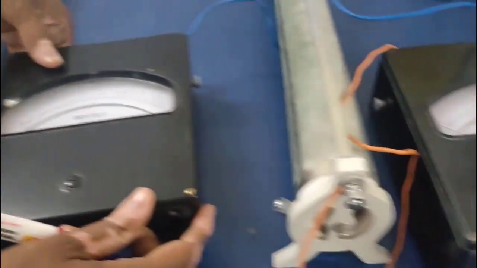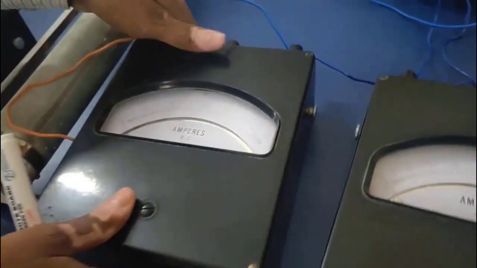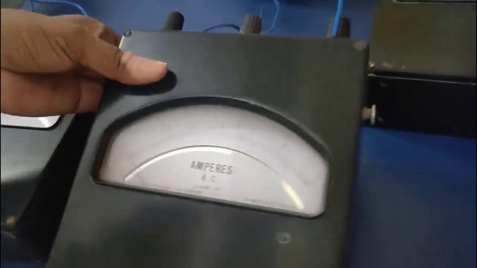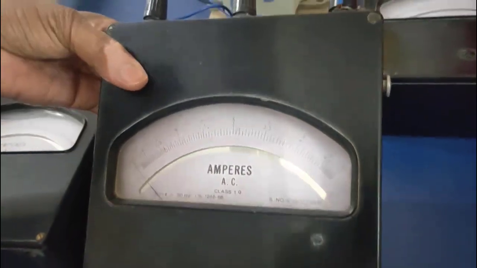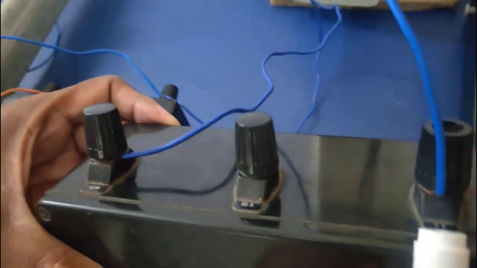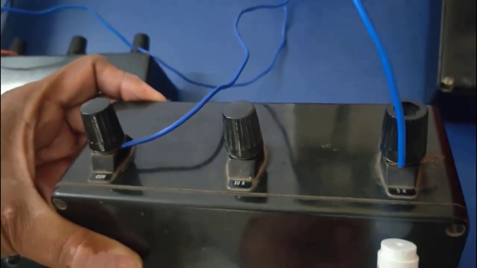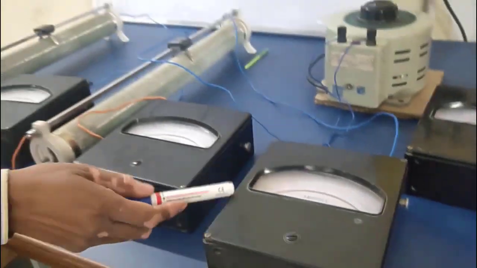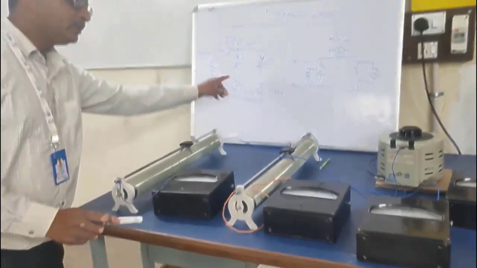In the same way, this ammeter is connected in series with the same scale, and this is the total current I. It is the sum of all these currents, so we select the higher range, 0 to 5 ampere. According to this circuit diagram, we connect 3 ammeters and 2 rheostats.